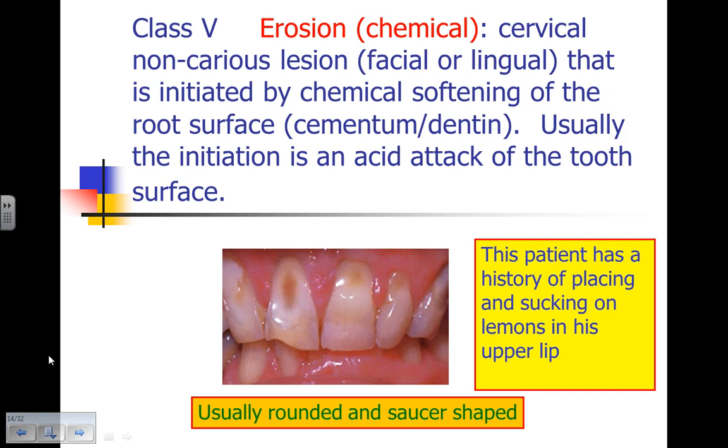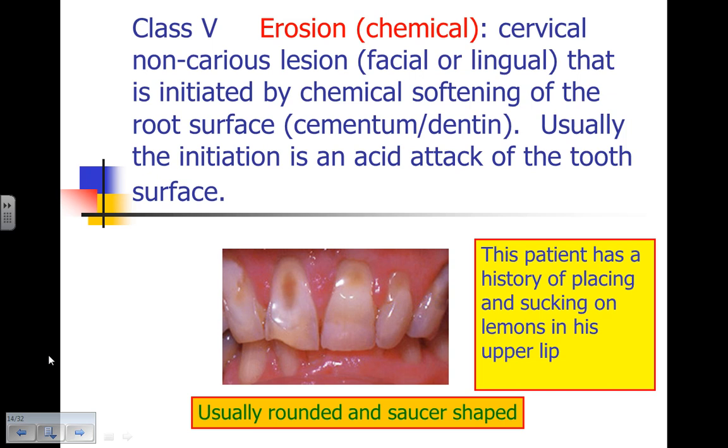Usually the initiation of this lesion is an acid attack of the tooth surface. This acid attack can come from several different sources to include ingestion of food, ingestion of high acid beverages such as energy sports drinks, coffee, iced tea with a lot of lemon in it, and certainly soft drinks.